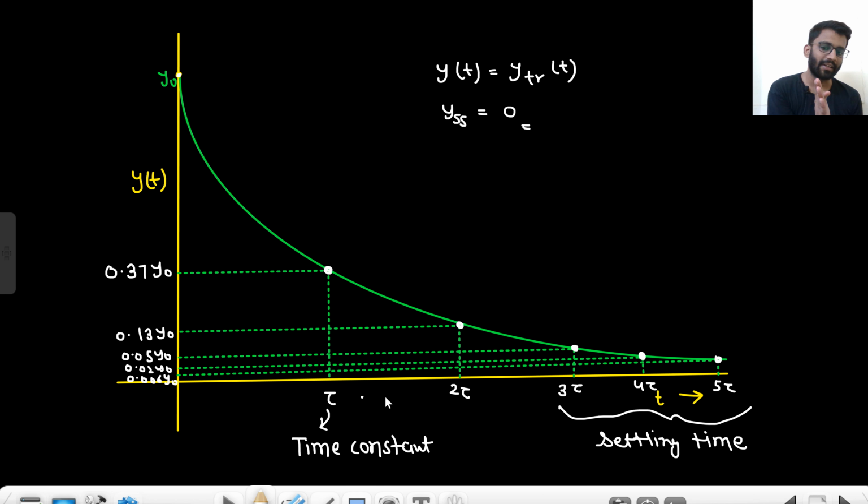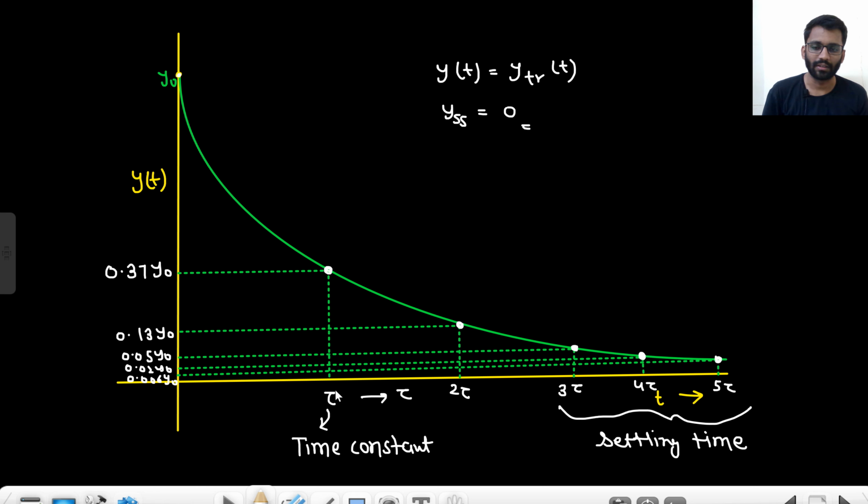If tau was a bit ahead, if tau was here, it will take time to decay down, right? Let's just assume my tau is 1 second. That means I am reaching 37% of my initial value in 1 second. If tau is 2 seconds, that means I am reaching 37% of my initial value in 2 seconds.